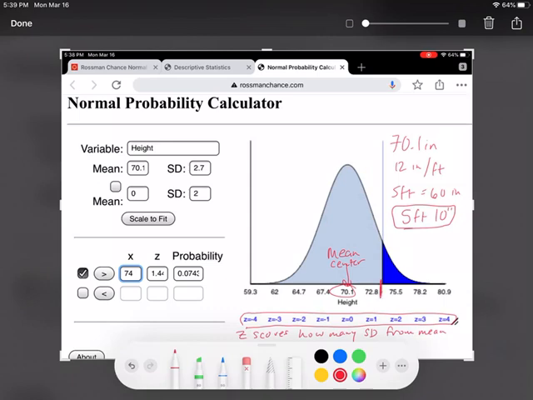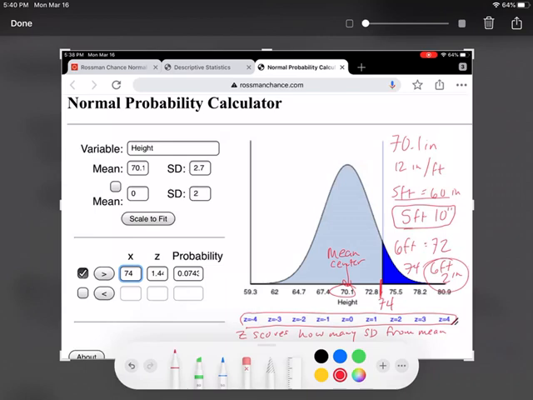And 74 inches, which the question asked us about, is about 6 foot 2, I think. Is that right? Because 5 feet is 60 inches, 6 feet is 72 inches, so 74 inches is 6 foot 2 inches.